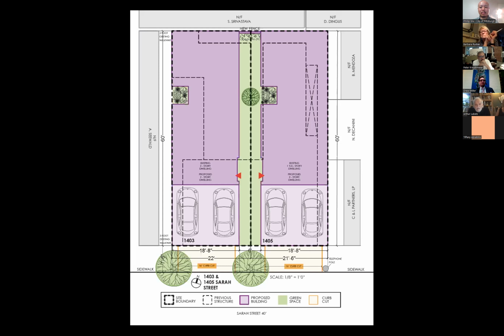We think it would improve the value of the neighborhood to have two families come in, two different taxpayers you'd be getting tax money from. Building a single family home would not be feasible.